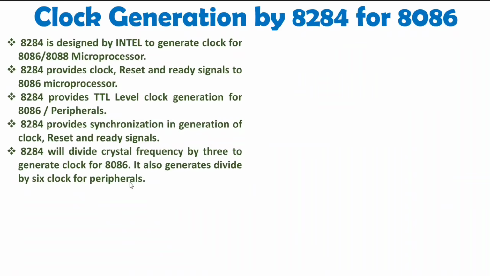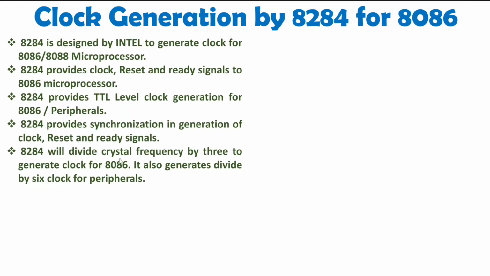My dear students, here you should know, when you interface peripherals with 8086, we consider that peripherals are slower compared to 8086. So the clock frequency should be lower with peripherals. For that also, 8284 provides a clock that will be half of the clock given to 8086.